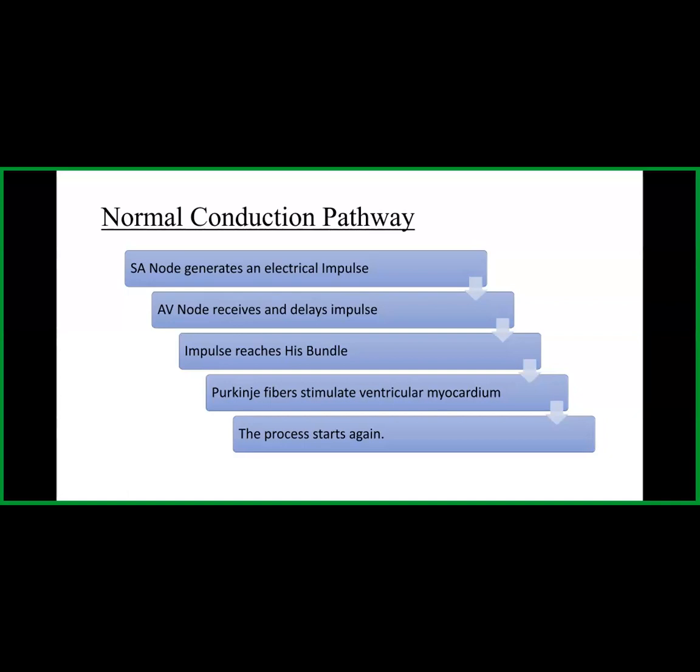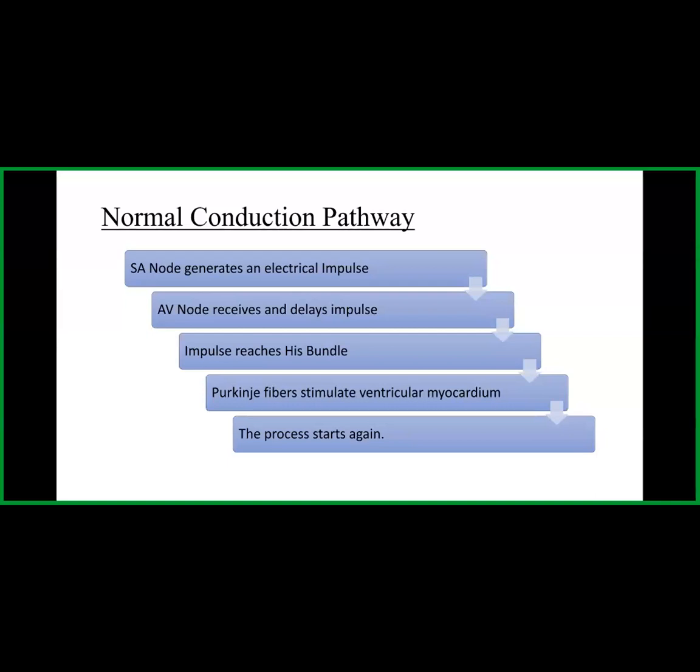And the speed of the impulse as it travels down the His bundle will be about 2 meters per second. Recall that as it was coming down from the atria, it was at 0.5 meters per second, and the AV node will delay it. So this means that as the impulse travels from the AV node down the bundle of His, it is sped up.